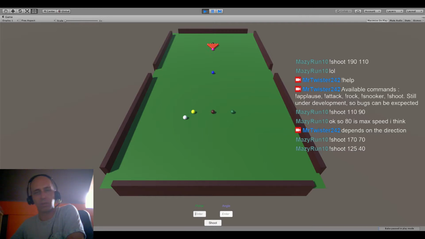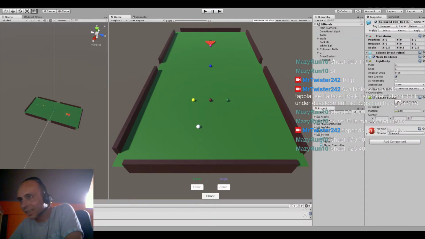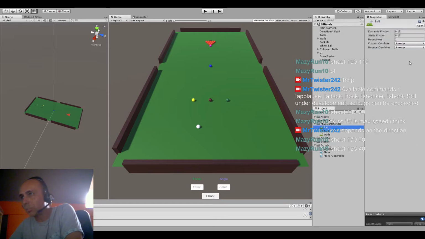What's the correct term? Yeah, I need to exit to see it. Wait, let's just give it a check. Materials, ball, bounciness. That was the term.